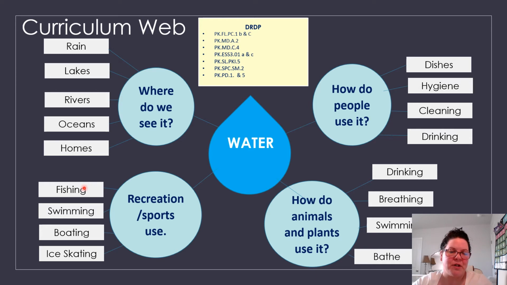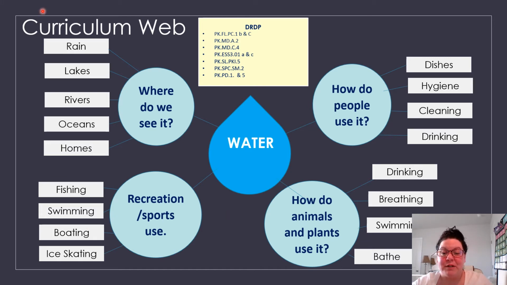And then how do recreation and sports use it? Fishing, swimming, boating, ice skating. And then you could integrate things from each concept into different parts of your daily learning experience, into different areas.